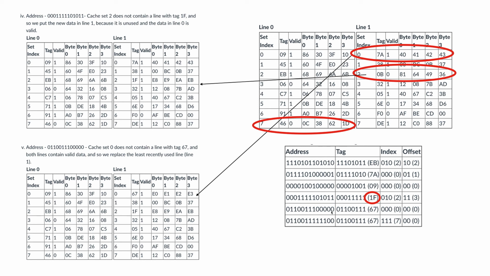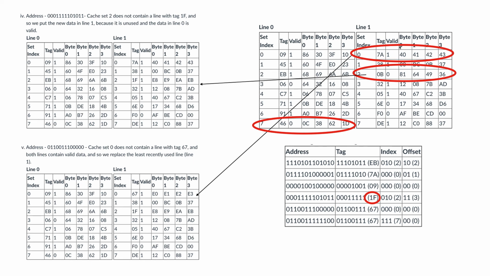And the next one, the fifth one, we need to access index 0 and tag 67. Unfortunately, we don't have 67, and both lines contain valid data, so we replace the least recently used line, which is line 1.